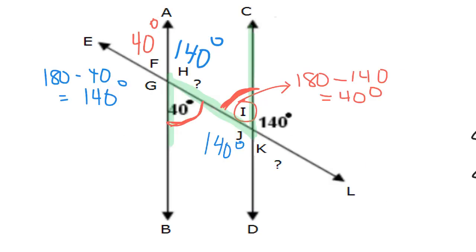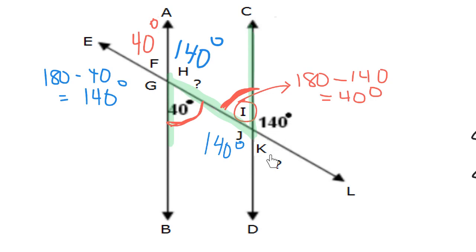Okay, the last angle that we need to figure out is angle K, and again, there are two ways that we could do this. We know that angle J, which is 140, and angle K, these two angles are beside each other on a straight line. They again have to be supplementary. You could also look at it this way. This angle here is 140.